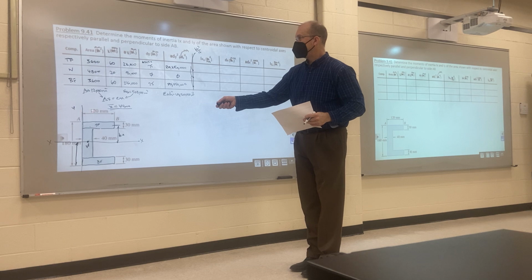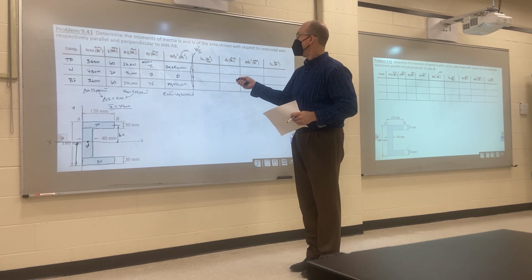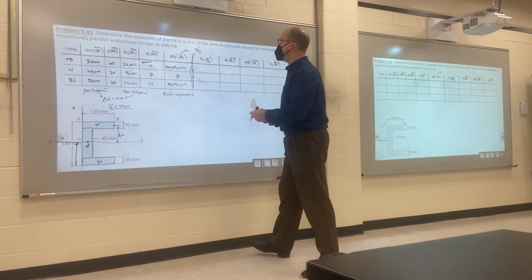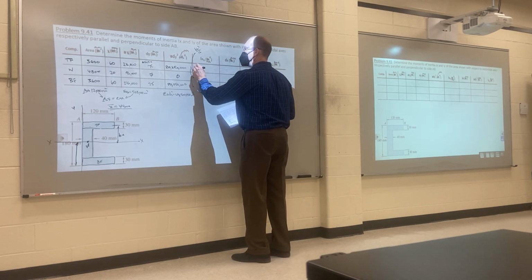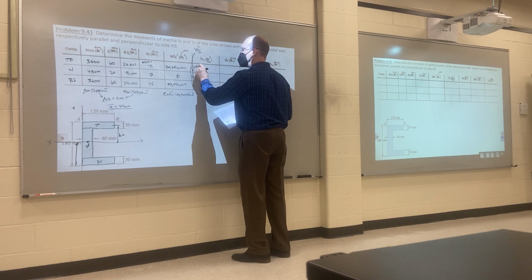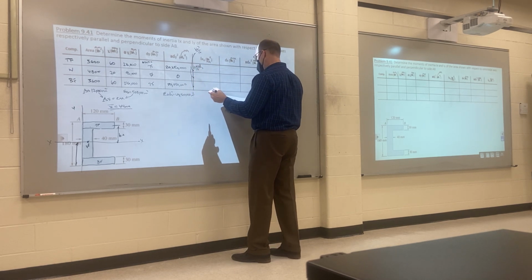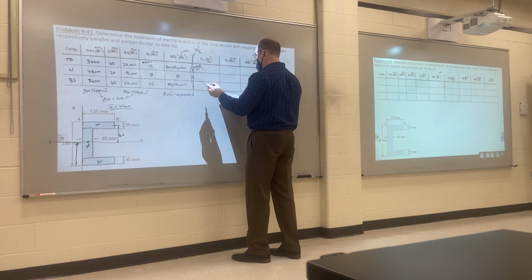The base with respect to I sub 0x is equal to the x-axis. The base here is 120 and the height is 30, so it's 120 times 30 cubed divided by 12, and the same for down here, which should be equal to 270,000.